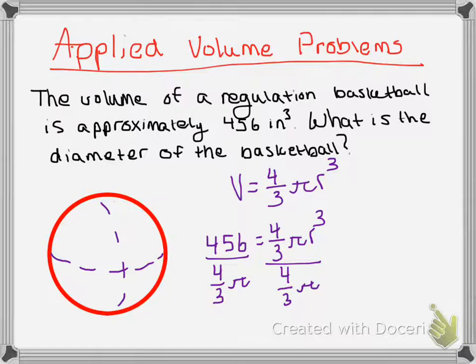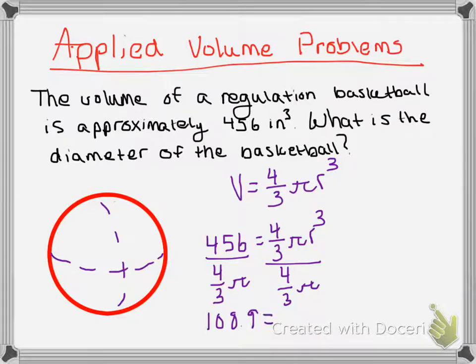So 456 divided by parentheses 4/3, or 4 divided by 3, close parentheses, enter. That gives me 342. Then I'm also going to take that number and I'm going to divide it by pi, and that gives me 108.9.